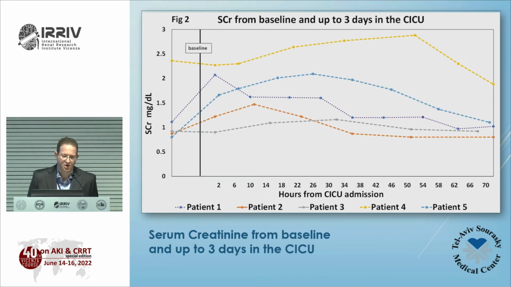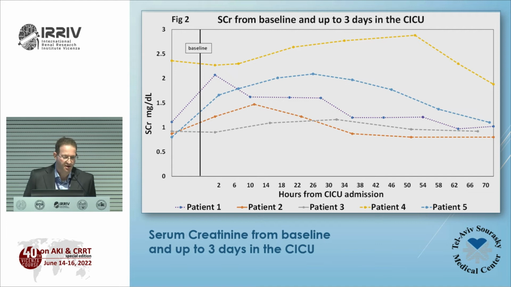So here we can also see the follow-up of serum creatinine level of several patients with acute decompensated heart failure, where the renal system was utilized. Again, we can see what is called the fluid overload paradox.